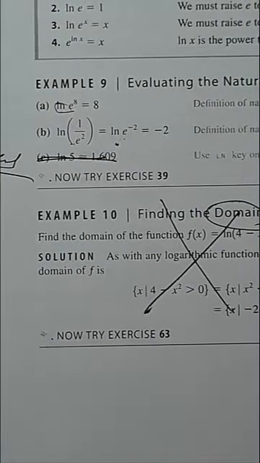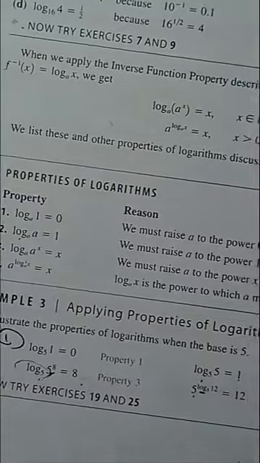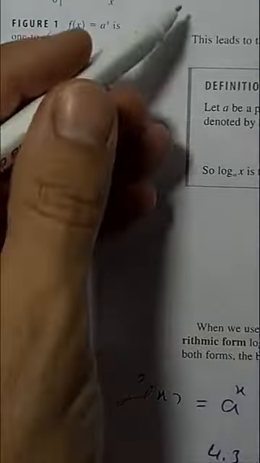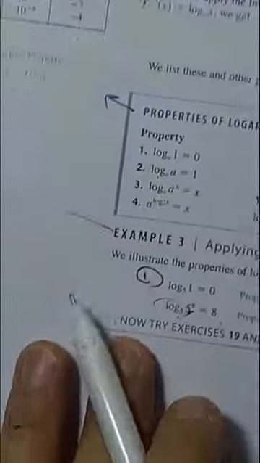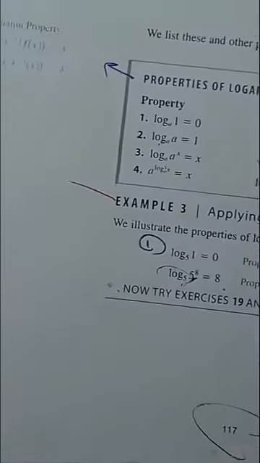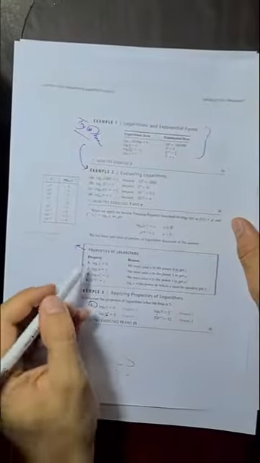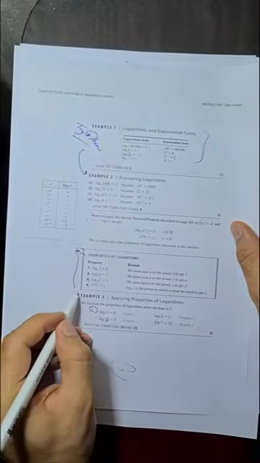Now I'm going to cover your analysis Excel. I'm repeating quickly for you. In page 116, the definition is important, and then page 117, the important things are properties and example 3.